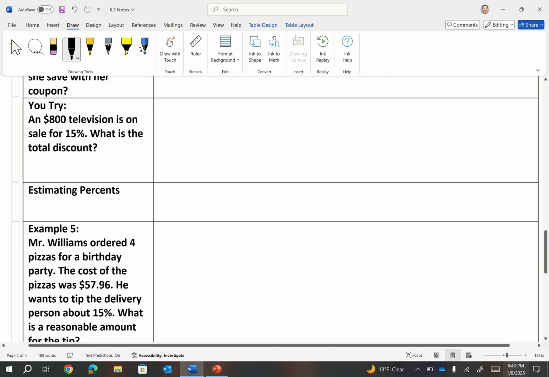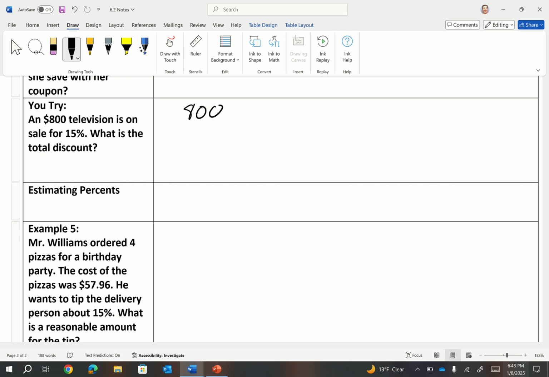Okay, so 15%. We haven't talked about how to find 15% yet, but we're going to use what we know about 10% and what I was talking about at the very beginning of the lesson. So we put our decimal spot, we move it. We can see that 10% of 800 is 80. Okay, so I've got 10%, but I need another 5% to make 15%, right? 10% plus 5%.